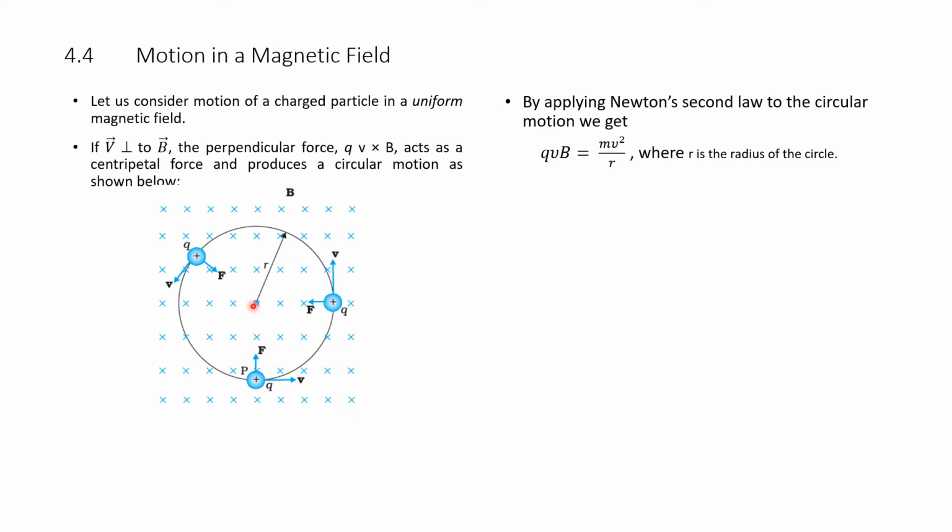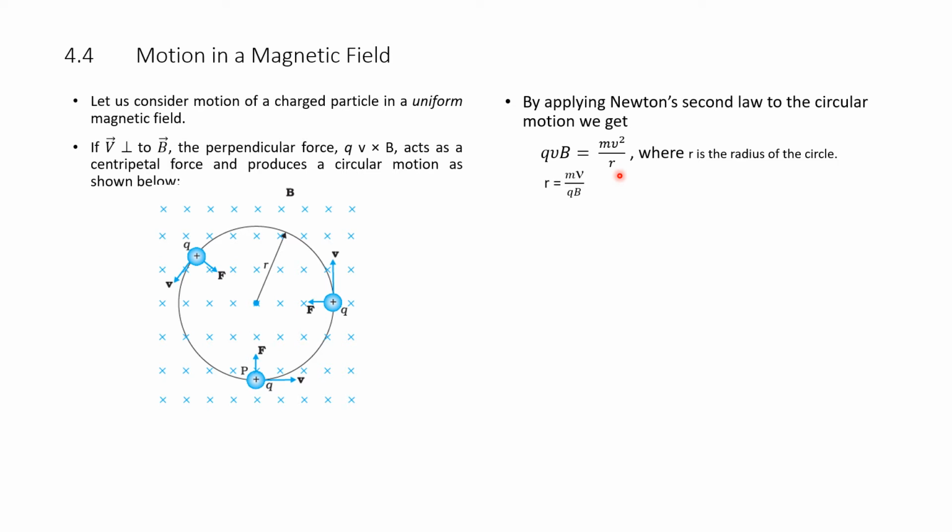By applying Newton's second law to the circular motion, we get qvB equals mv square by r, where r is the radius of the circle. So qvB produces a uniform circular motion given by mv square by r.